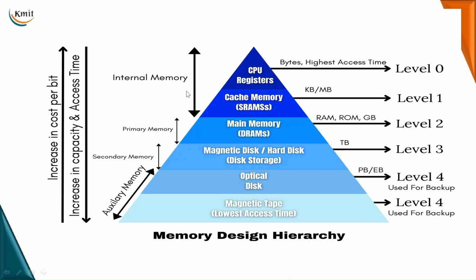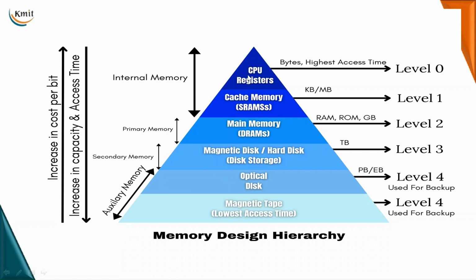In terms of cost per bit, auxiliary storage devices such as optical discs and magnetic discs are very cheap compared to your hard disks, whereas your main memory is very costly compared to your hard disk. Cache memory is very costly compared to your main memory, and CPU registers are very costly compared to your cache memory. So the cost increases when you move from the bottom of your hierarchy to the top.